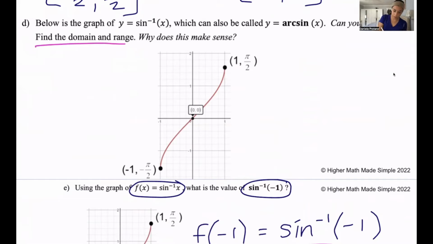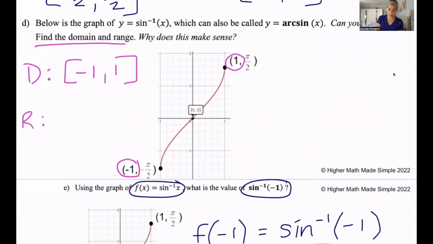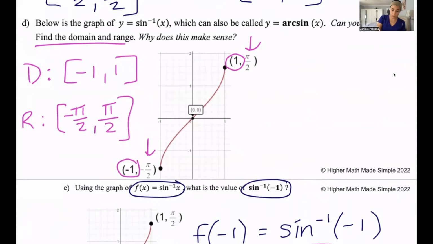D stands for domain, so the x values are between -1 and +1. And the range is going to be the y values, so that's between -pi/2 and +pi/2. So this is where the range comes from. Whenever you do an arc sine problem, your answer better be between -pi/2 and +pi/2.